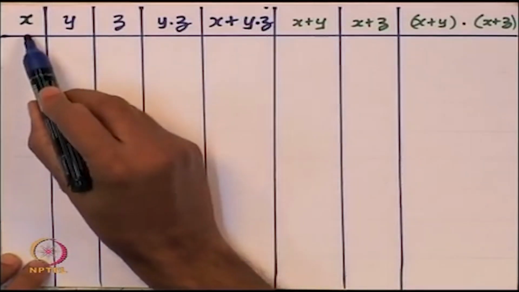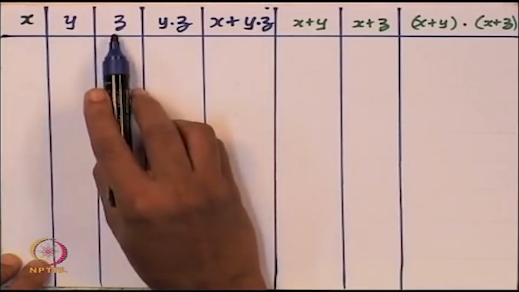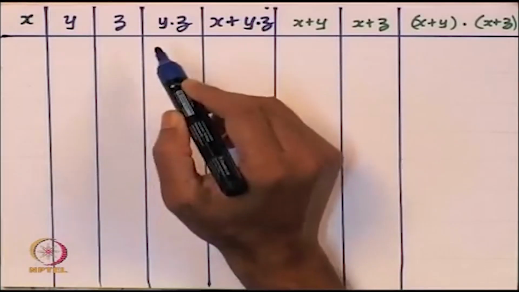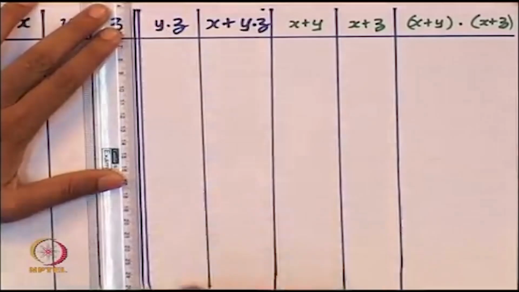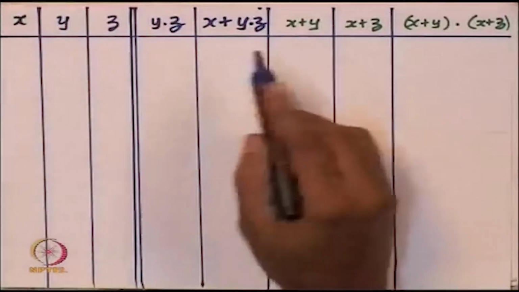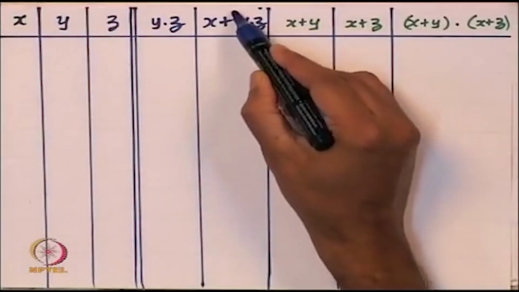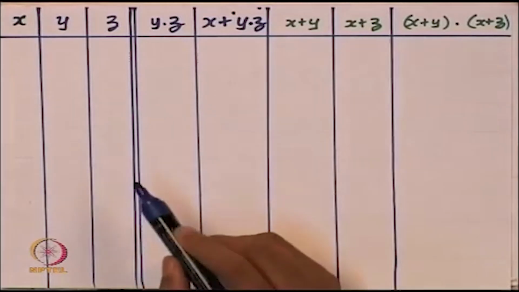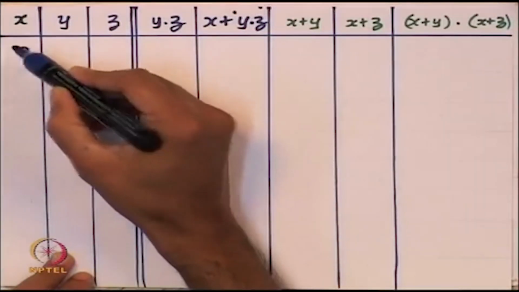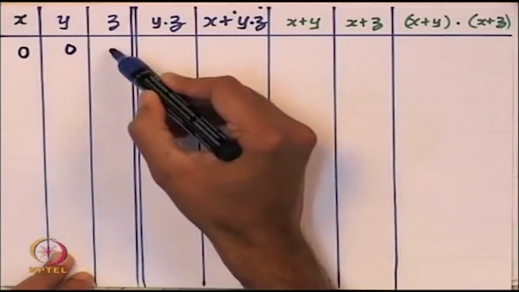So I have the variables x, y and z and I am going to put three inputs here. So there are three inputs and if you notice, this is the LHS and this one, the last column here, is the RHS. I am going to see if the columns match. So let us see all the values that x, y and z can take.